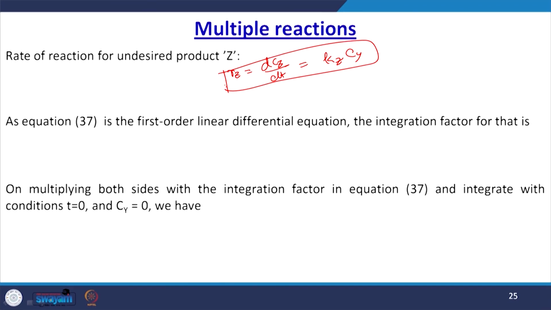Now, if we find the integration factor, it can be written as e to the power kz t. If we multiply both sides of the previous equation with the integration factor, we may have Cy is equal to ky upon kz into 1 minus e to the power minus kz t.